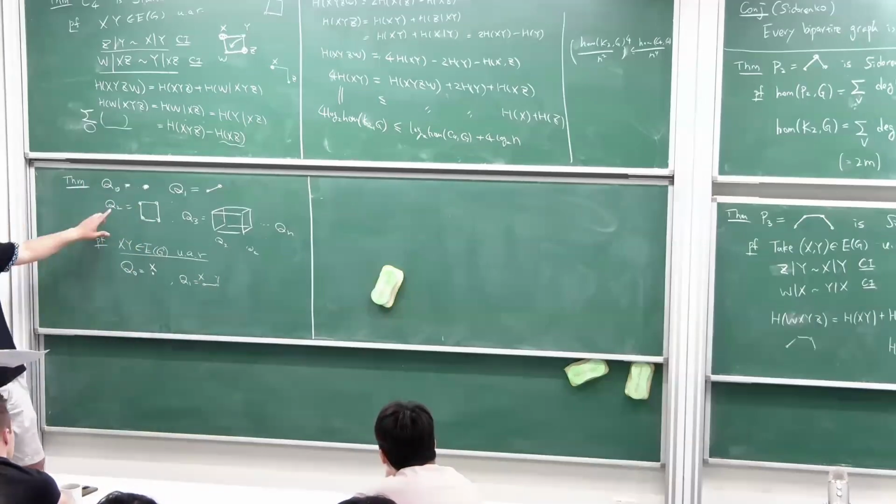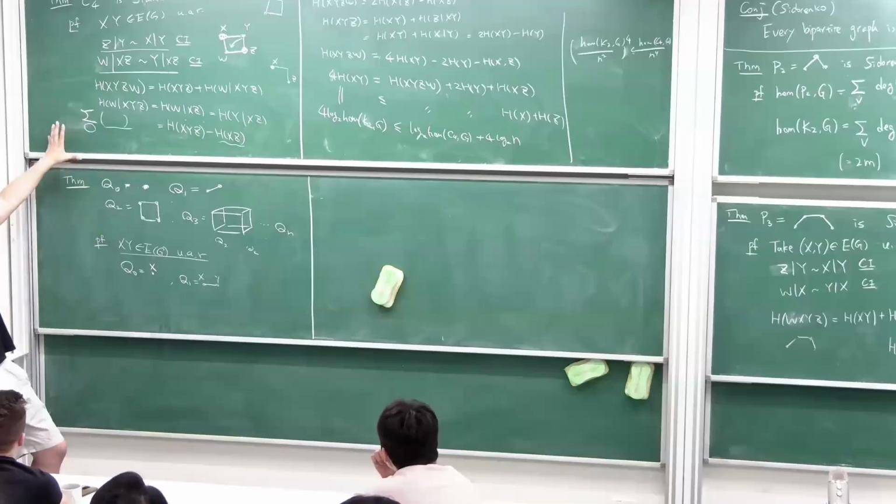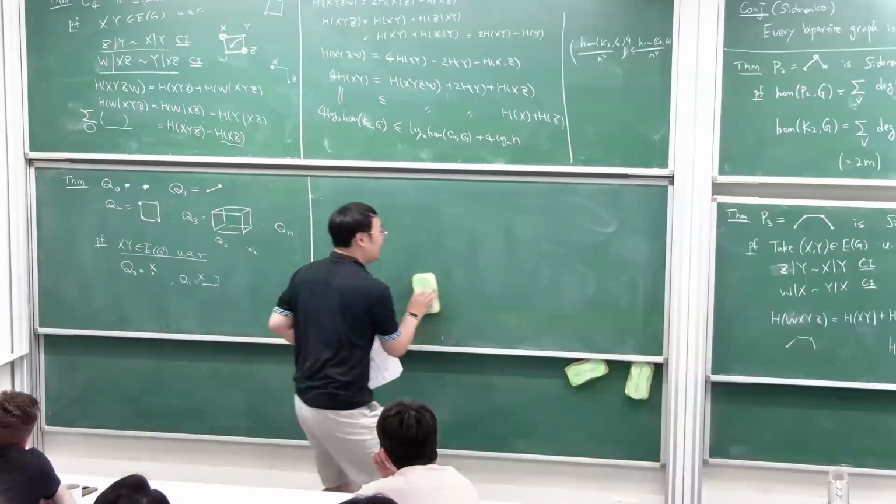So how to build Q2? It's the C4, right? I'm going to build Q2 in the same way.